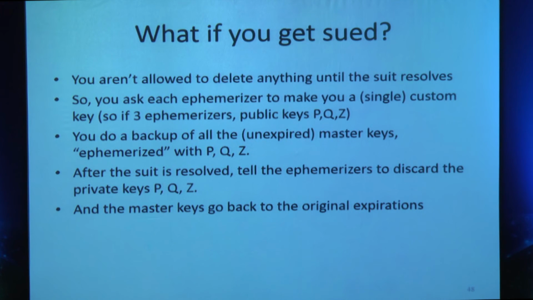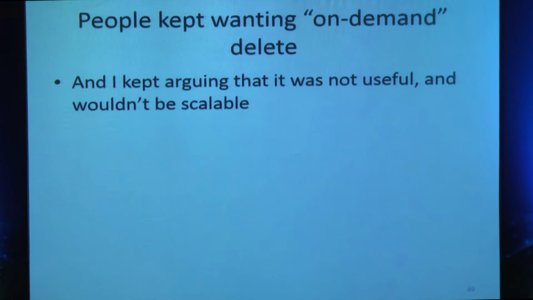Okay, so now I was explaining this thing to people, and people would say, oh, but I don't want to decide when I create the data what the expiration date is. I want instead to be able to point to a file and say, get rid of that file now. And I was saying, oh, but this other thing is incredibly elegant and scalable, and this other one wouldn't be.